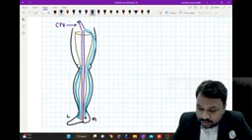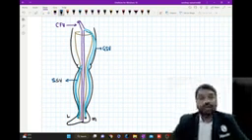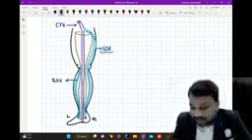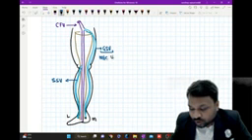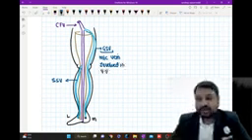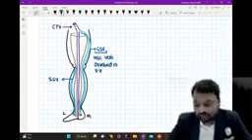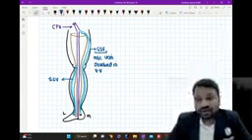The great saphenous vein happens to be the most common vein involved in varicose vein.